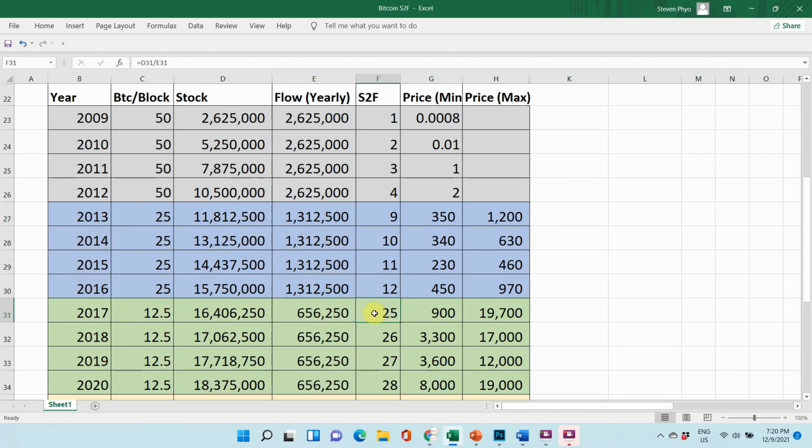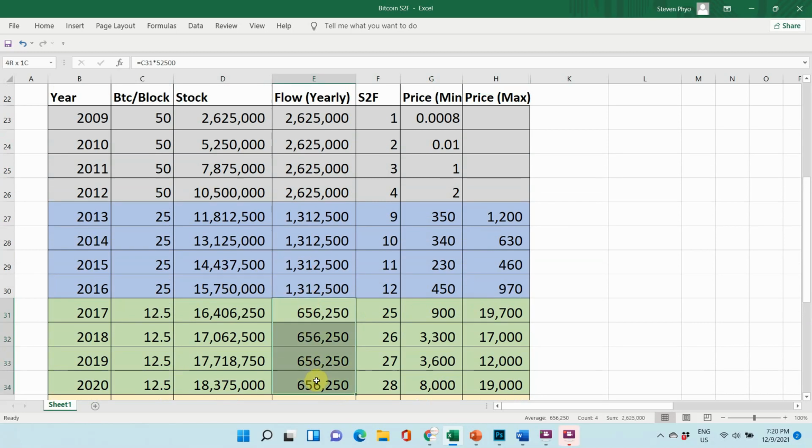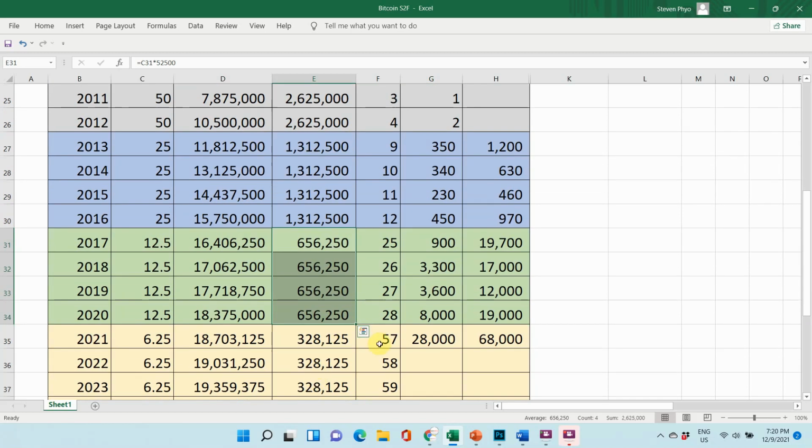So the S2F value becomes 25 and the price jumped to 19k. This yearly supply continued till 2020 for 4 years, and another Bitcoin halving occurred. In 2021, the S2F value becomes 57 and the price increases up to 68k plus. If we look back at history, 3 Bitcoin halvings have occurred and the price obviously increased after each halving cycle.